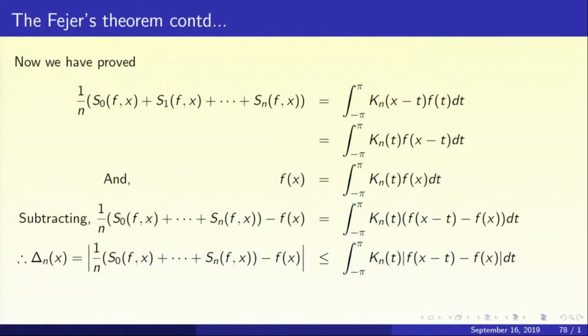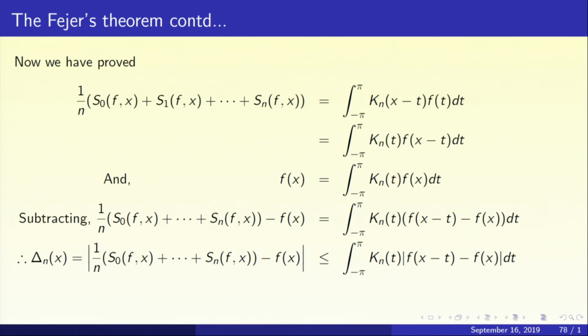First of all, let us recall what we have derived. 1 upon n plus 1 into s naught of f x plus s1 of f x plus etc. plus sn of f of x, that is equal to the integral from minus pi to pi of kn of x minus t f t dt, which is the same as the integral from minus pi to pi of kn t f of x minus t dt. That is easy. And f of x equals the integral from minus pi to pi of kn t f of x dt.